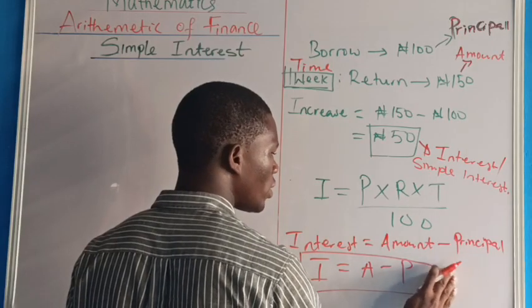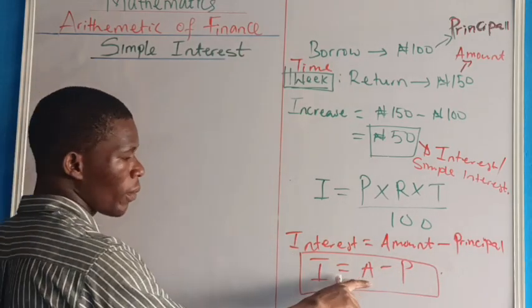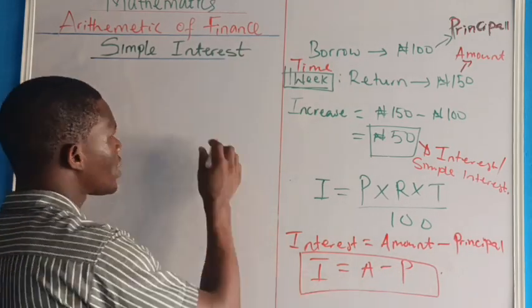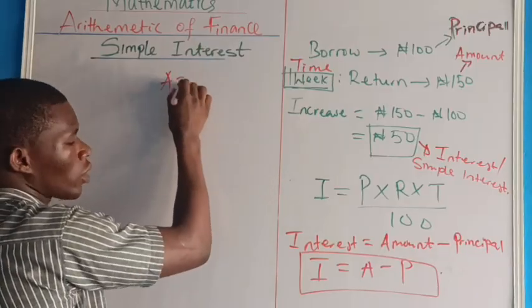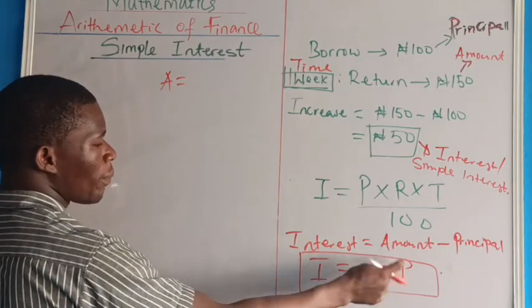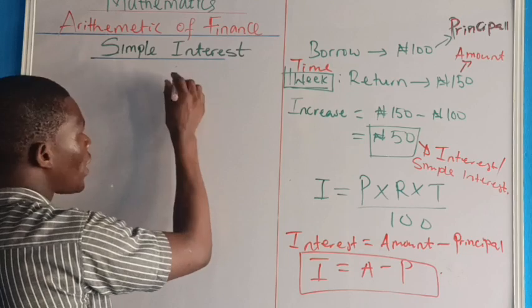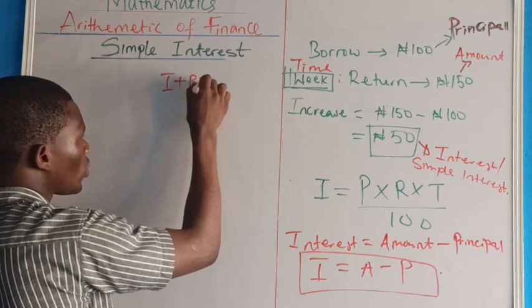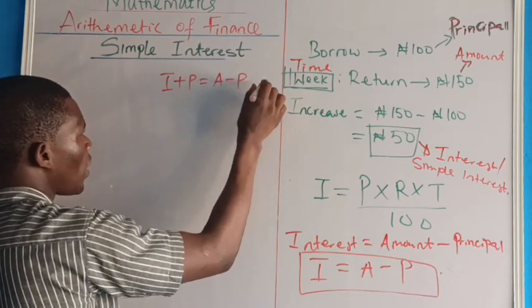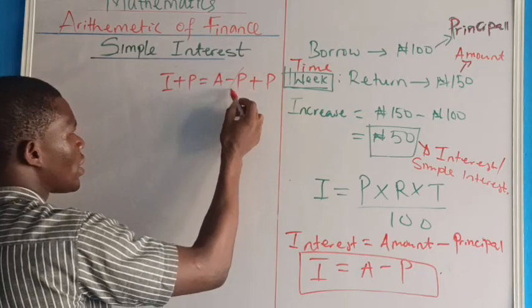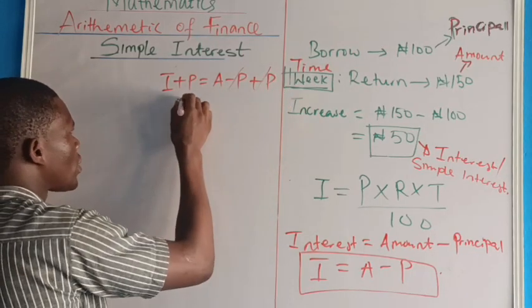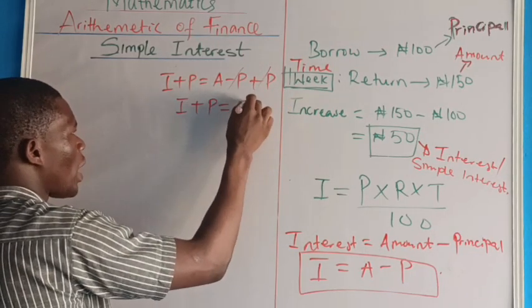Let's try to derive the formula for amount. You can see that when we add P to both sides, I plus P equals amount minus principal plus principal, so that this and this cancel out. You now have that interest plus principal is equal to amount.